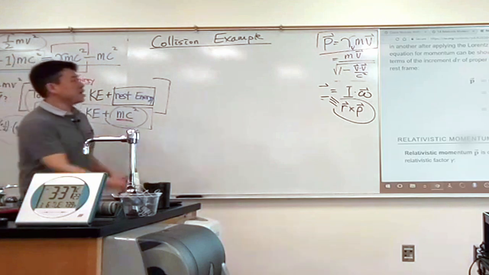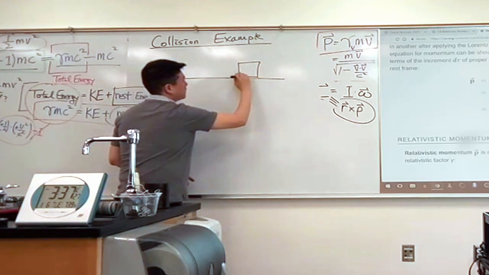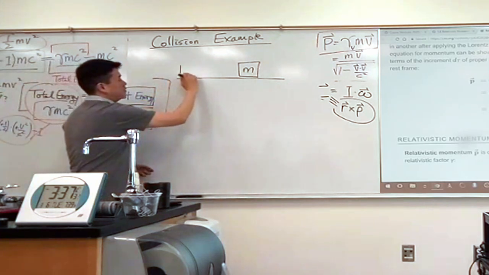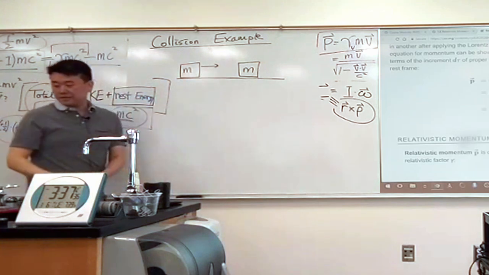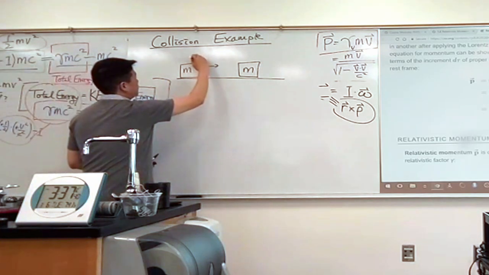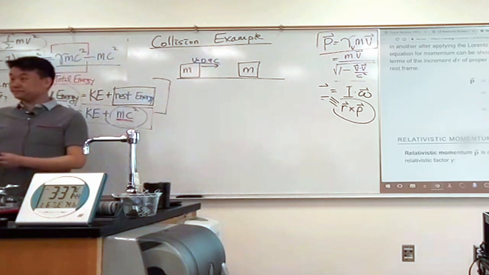So you have, let's say, a flat plane, you have a block of mass m, and another block of the same mass m that's coming in at a reasonable speed of 0.9 c.